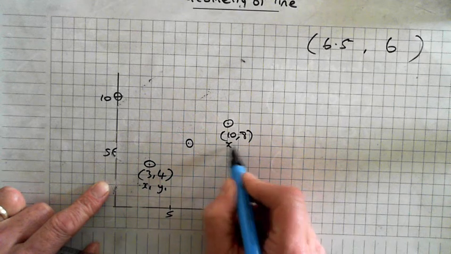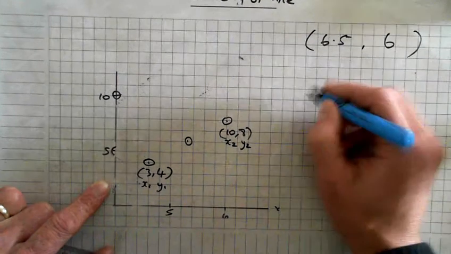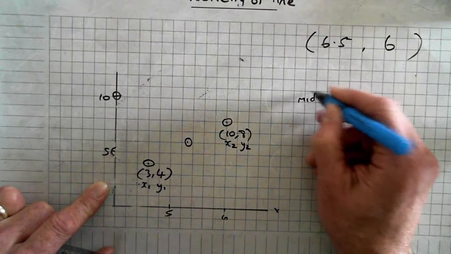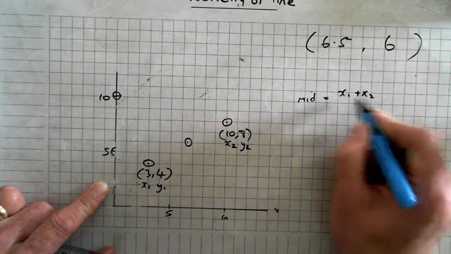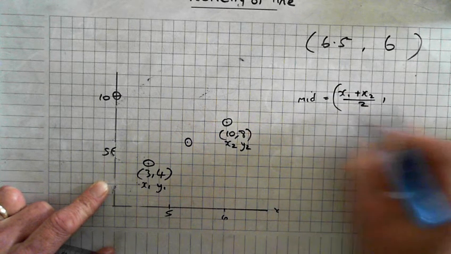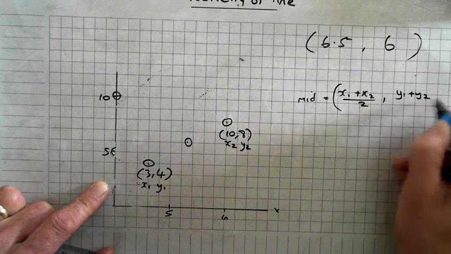Now we'll use coordinate geometry. Mark it x1, y1 and x2, y2. Write down your midpoint formula. Mid is equal to x1 plus x2 over 2, and y1 plus y2 over 2.